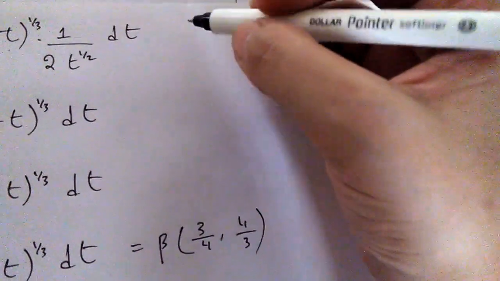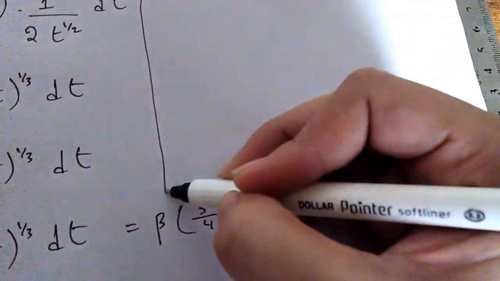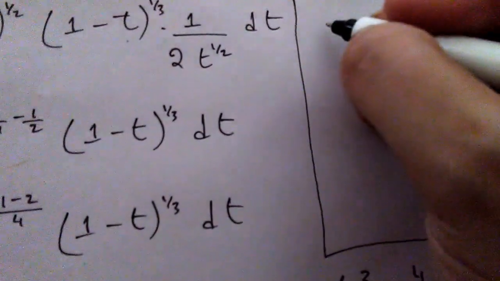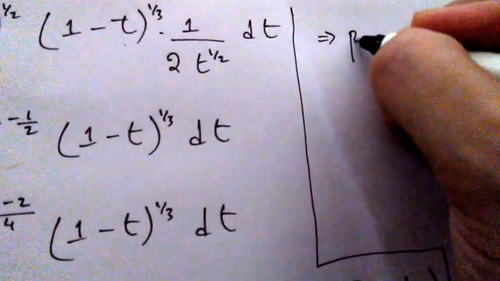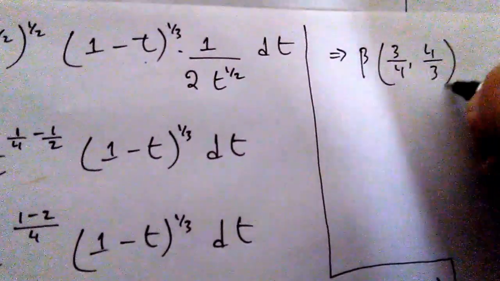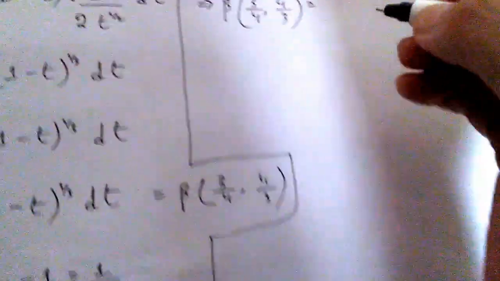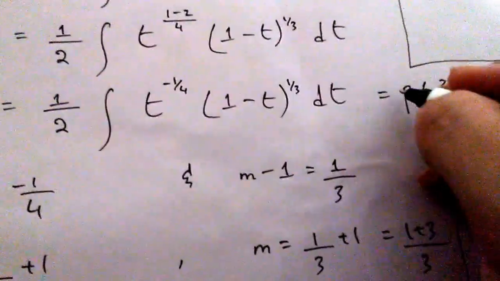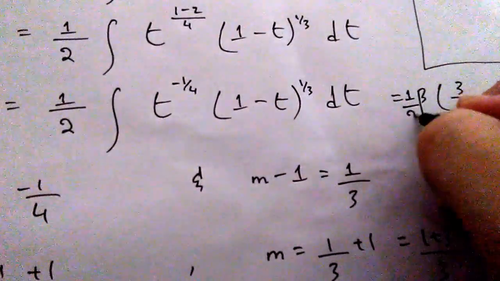So let me make some demarcation. So this thing tells that beta of your L and M is equal to, and this was actually 1 by 2 of this beta function, so I just forgot to write my 1 by 2 here. I'm sorry for that.